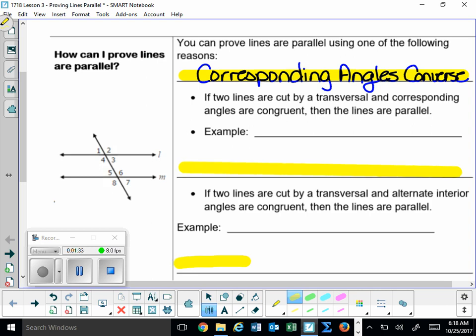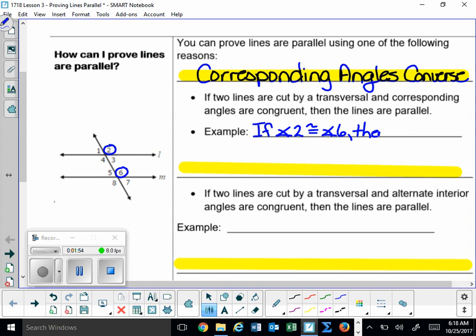So, for example, as I look over here on the left at my diagram, angles 2 and 6 are corresponding angles. So if angle 2 is congruent to angle 6, then line L is parallel to line M.